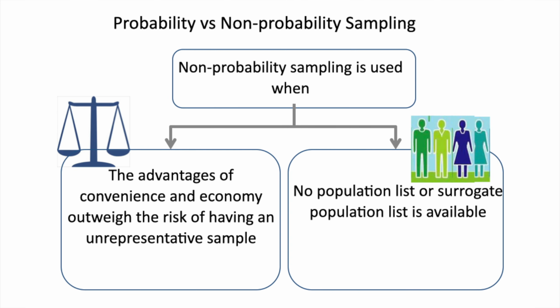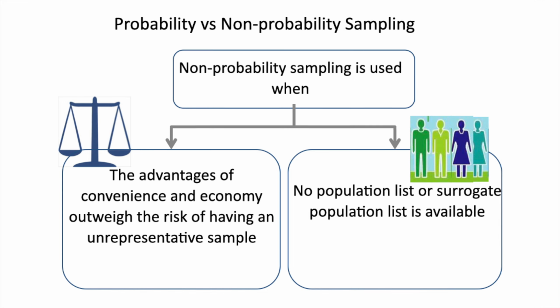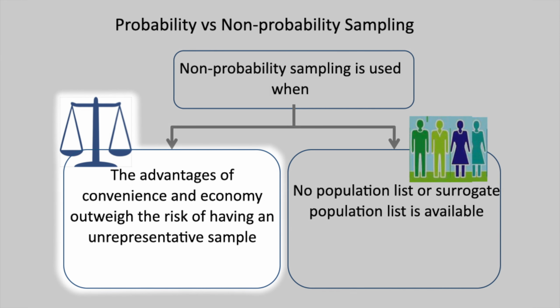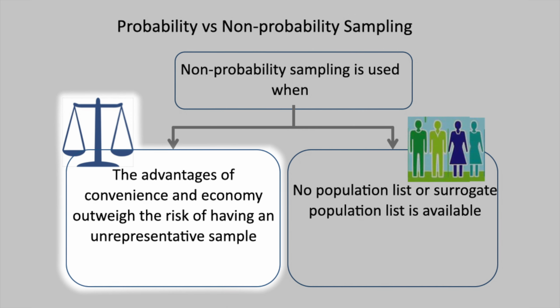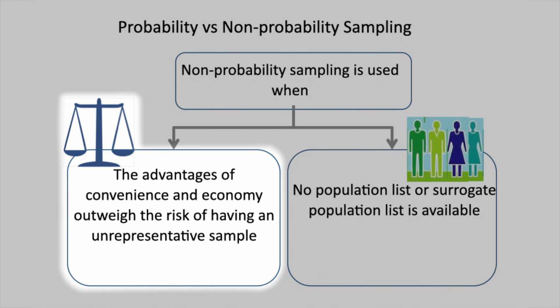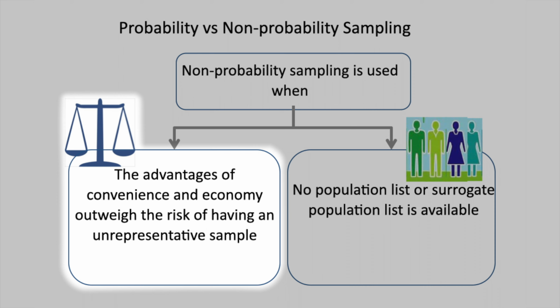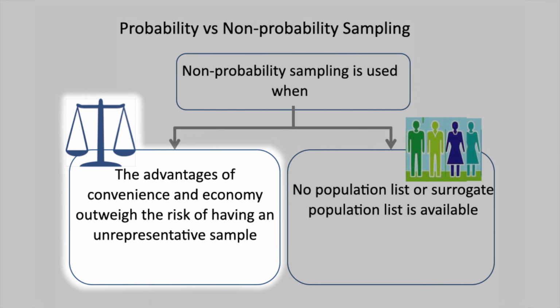The first usually relates to resources. We would do a cost-benefit analysis that would tell us that the advantages of convenience or the cost savings of a non-random sample outweigh the risk of having an unrepresentative sample.